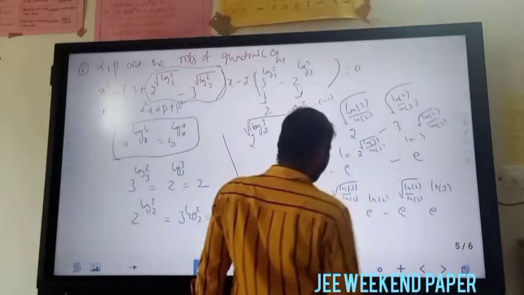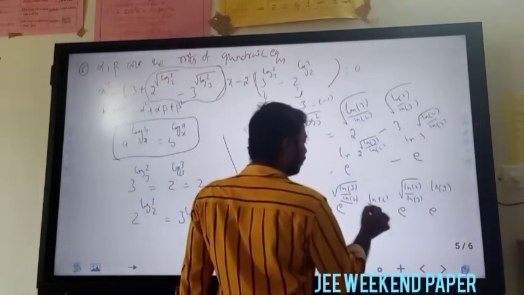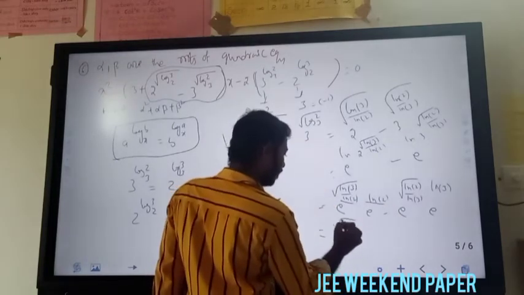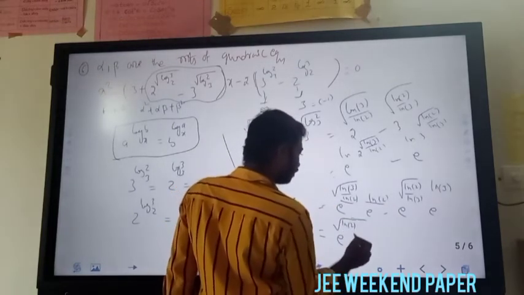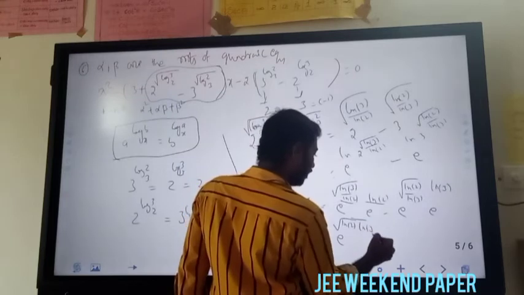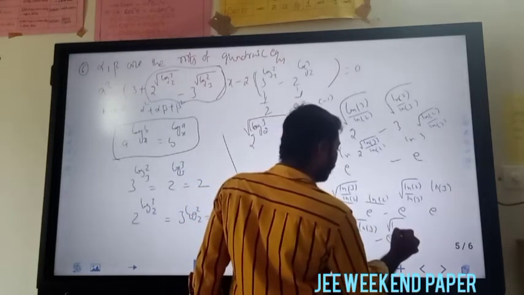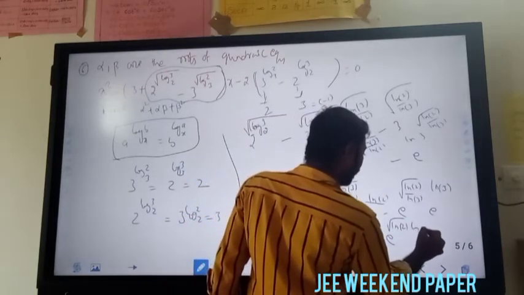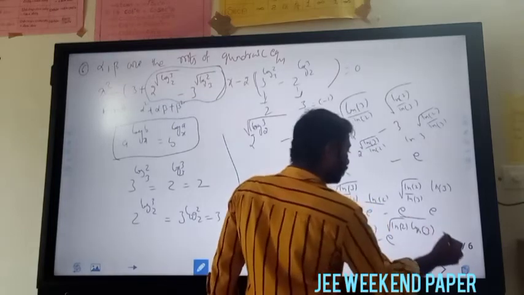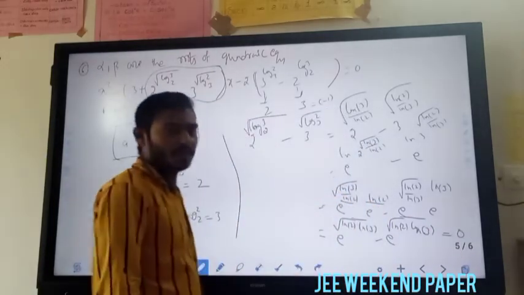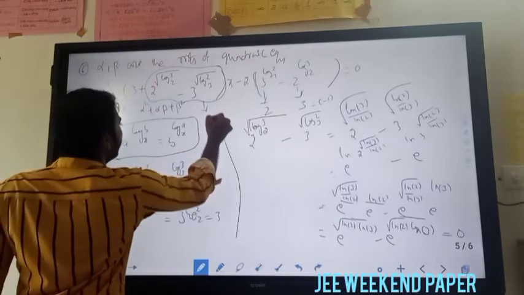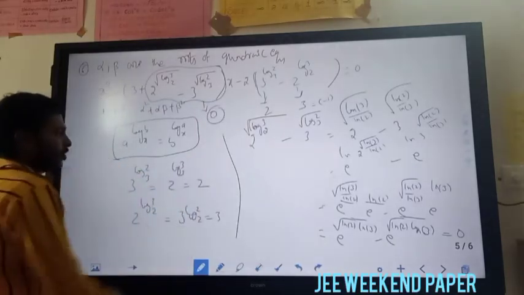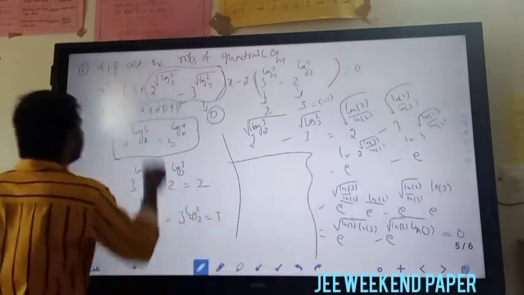So totally ln of 2 and ln of 2, so e power ln of 2 into ln of 3 minus e power ln of 2 into again ln of 3, so totally it becomes 0. So this value becomes 0. So simply we substitute in that.